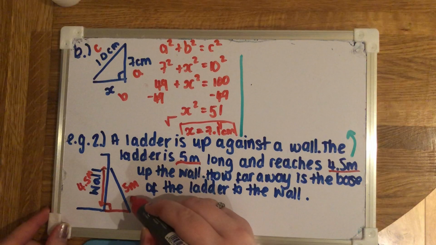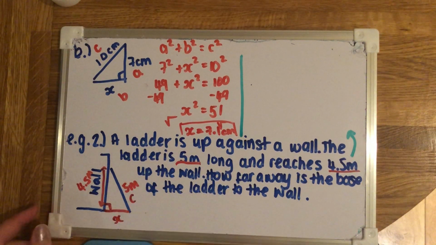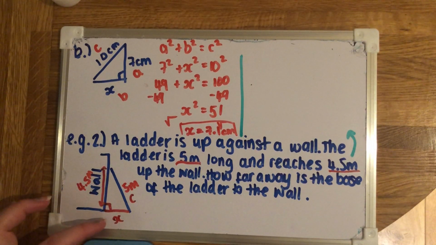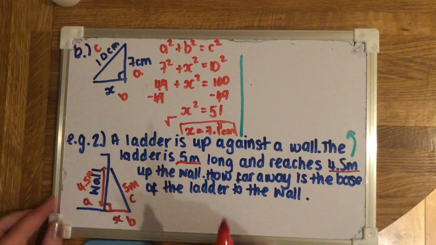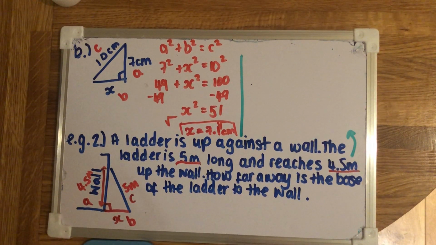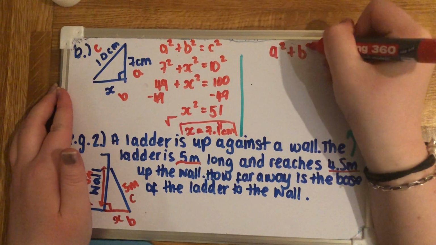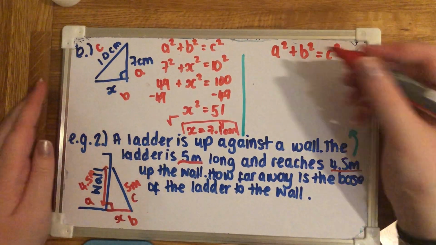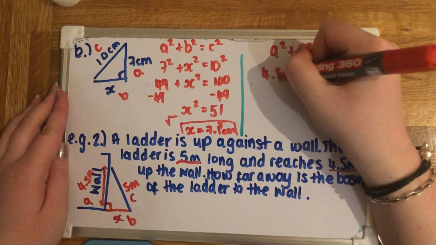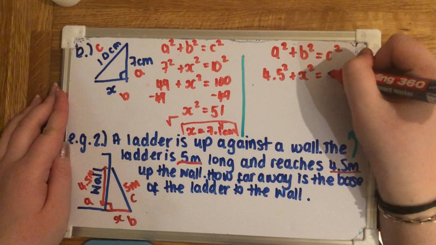This is the side opposite, so that must be C. Now this one I'm just going to call X because that's what we generally do, because that's the side that we need to look for. And then A and B. Okay, next bit, we write the formula. And then we put the values in. So A is 4.5, B is X, C is 5.